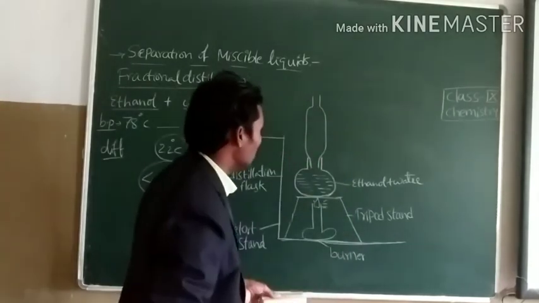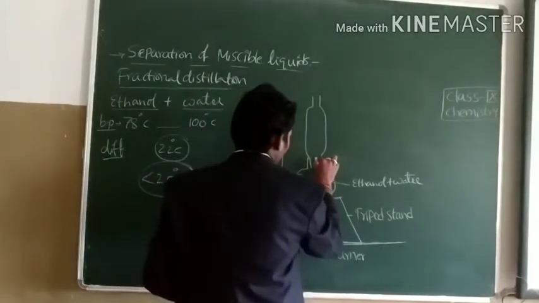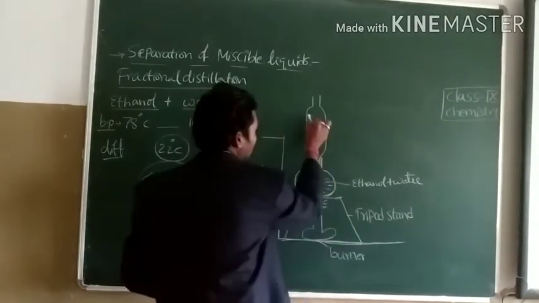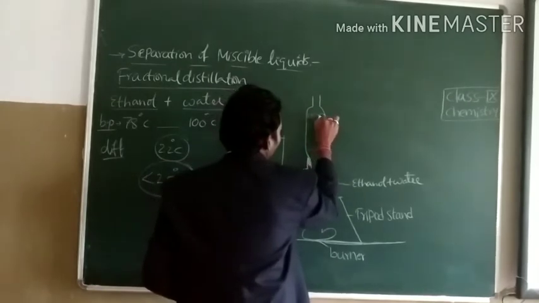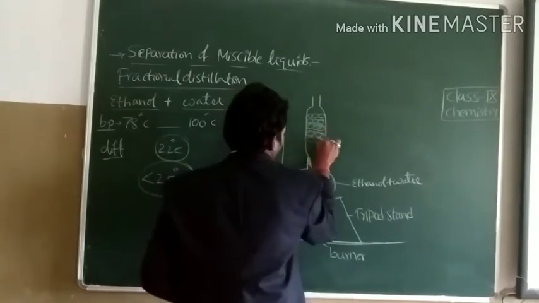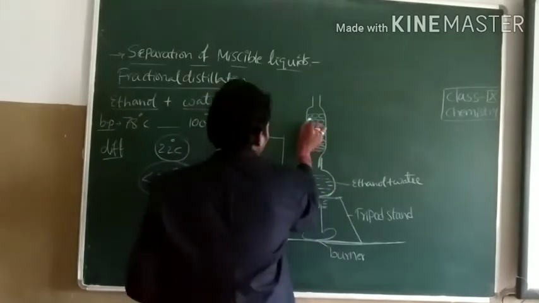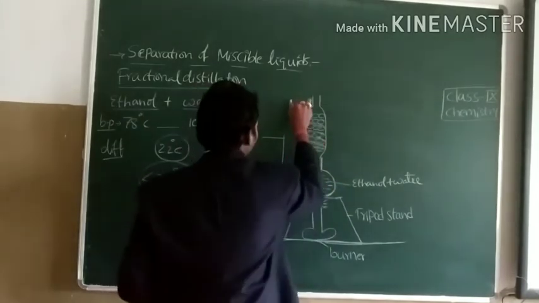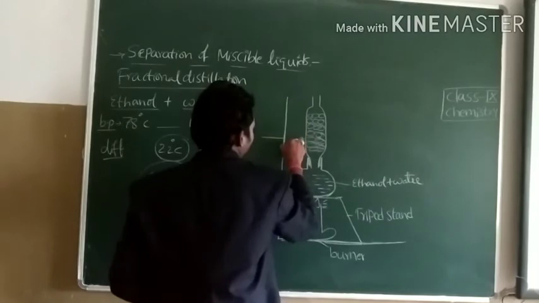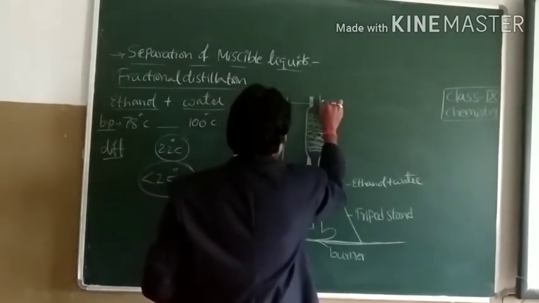It is nothing but the fractionating column, children. This fractionating column is made up of a number of glass beads. It is known as the fractionating column, which is fixed to the clamp of the retort stand.